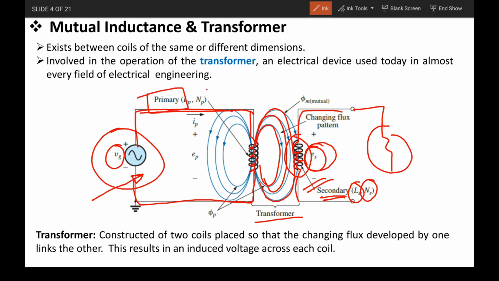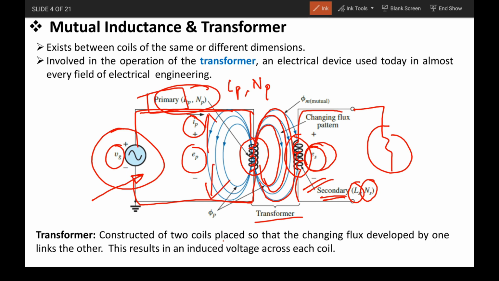In our primary coil, L suffix P is the self inductance, N suffix P is the number of turns, IP refers to the current through the primary, and EP refers to the voltage across this terminal.